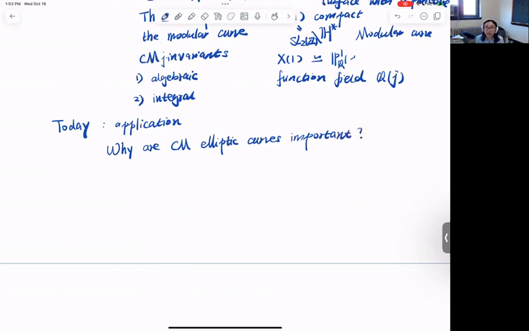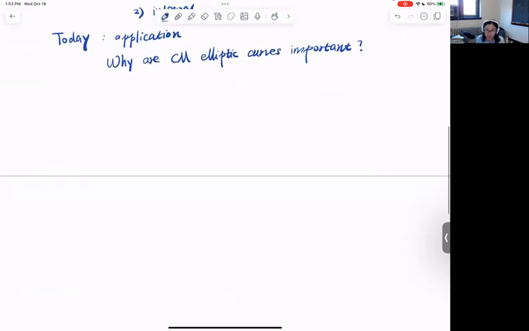Apart from themselves being very interesting objects, because they have a bigger endomorphism ring and have properties that other elliptic curves don't, they are already interesting objects to study. Well, that's fair. But what I want to discuss today is that we can also use CM curves as tools to study other problems. Okay, so the problem I want to discuss today is the Diophantine problem.